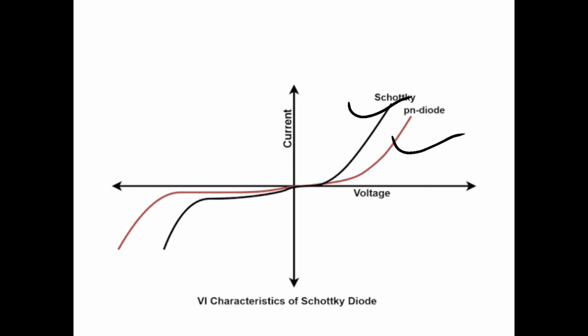It will range between 0.15 volt and 0.45 volt. So if we apply only 0.15 to 0.45 volt, then it is going to operate, and its reverse characteristic will also be smaller. It means we require very little reverse voltage for operation in the reverse mode.